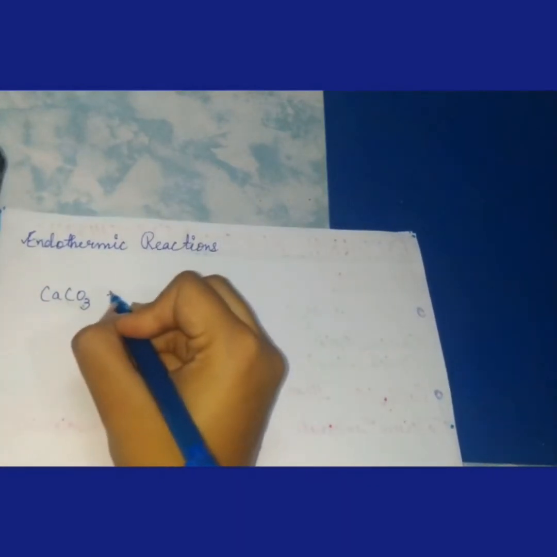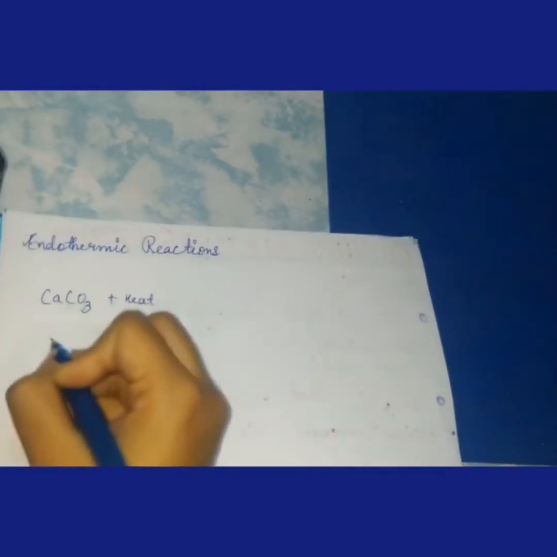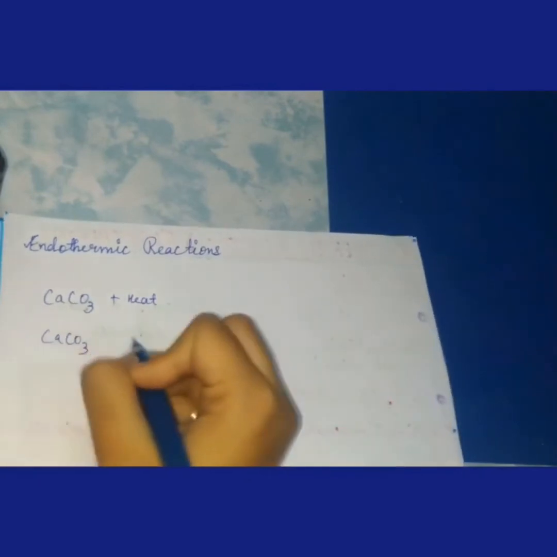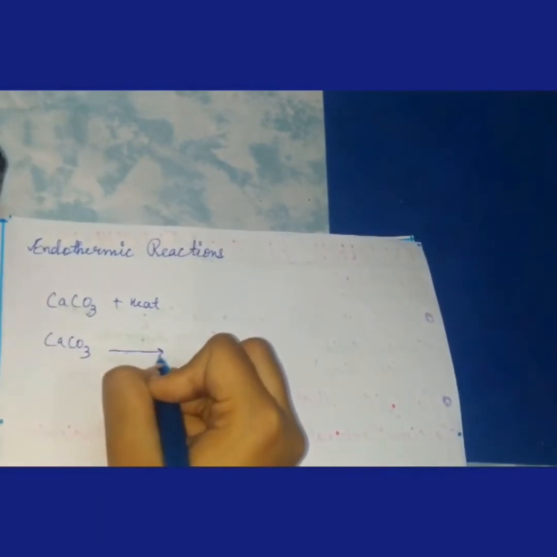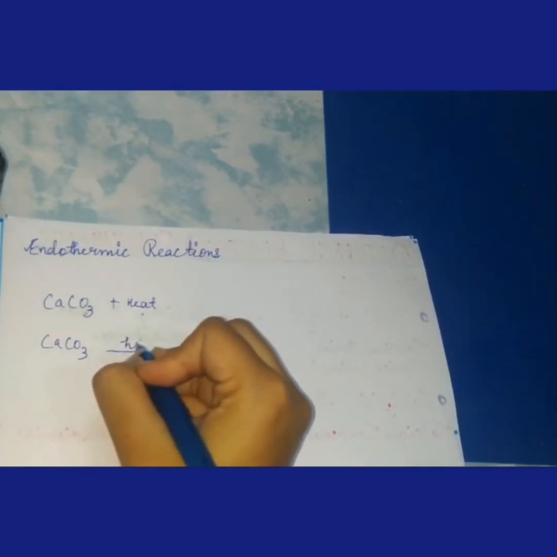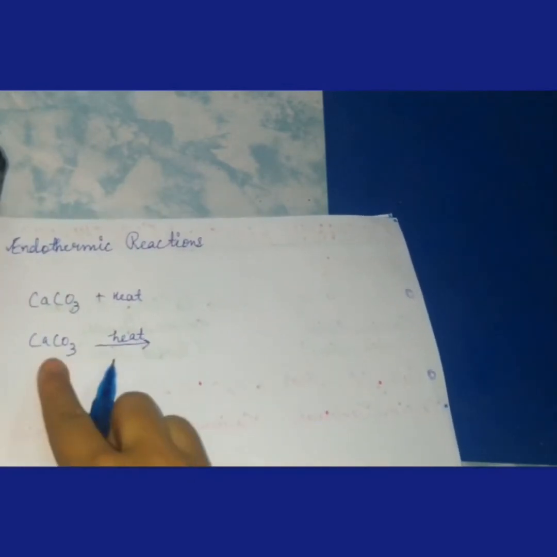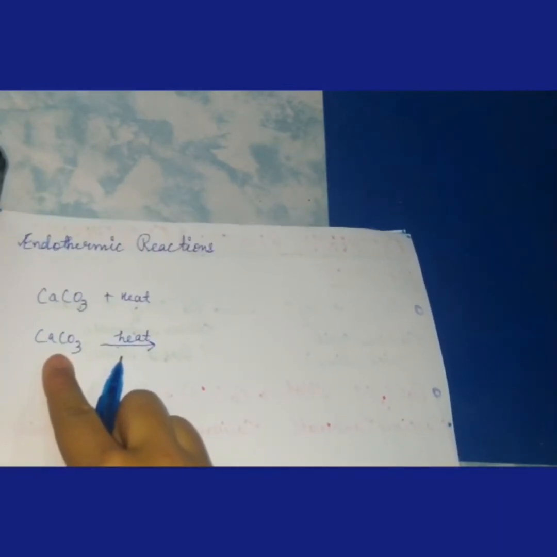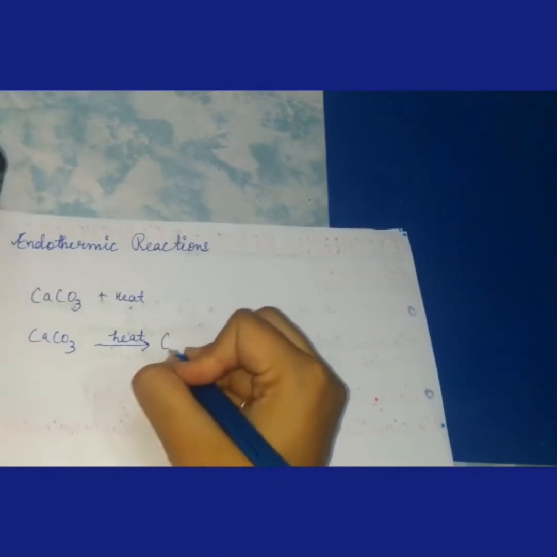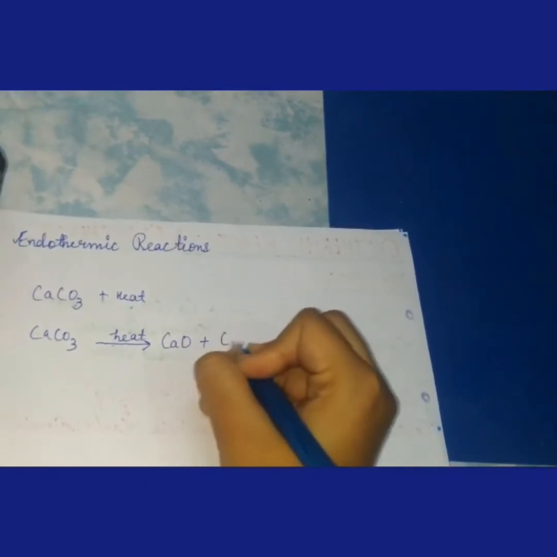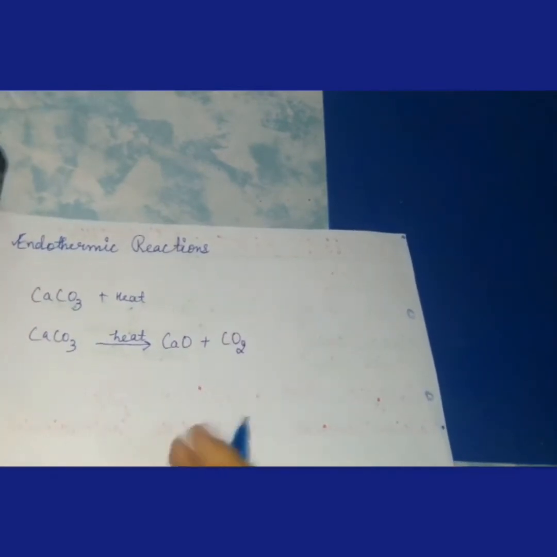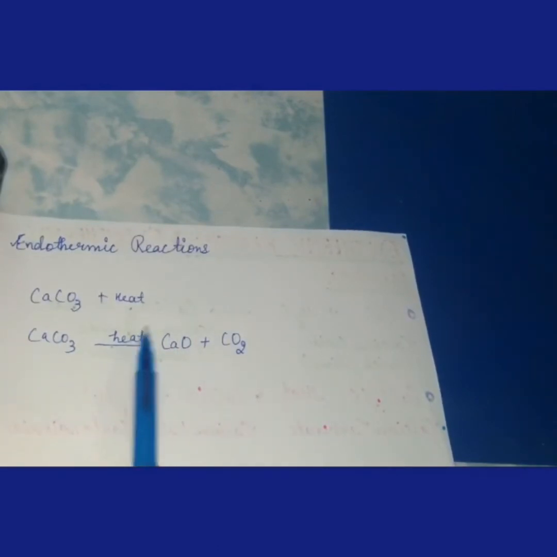We write plus heat here, or instead of plus heat, we can also write heat on the arrow. So after providing heat to calcium carbonate CaCO3, it forms calcium oxide and carbon dioxide. So this is an example of an endothermic reaction, because in this reaction heat is absorbed.